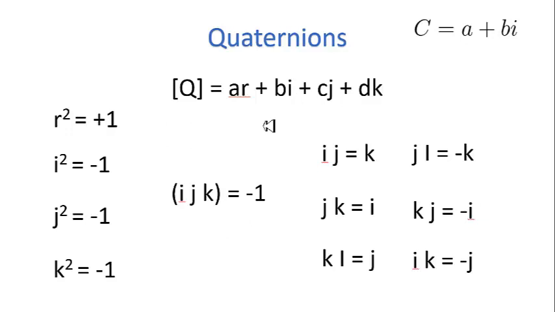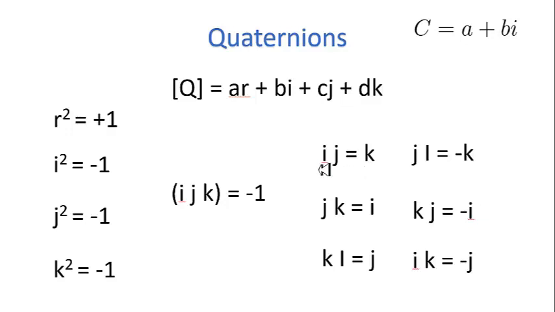There's another one right here, which is i times j times k must also equal -1, and that comes out of these rules here. So these rules need to be satisfied. So i times j has to equal k.